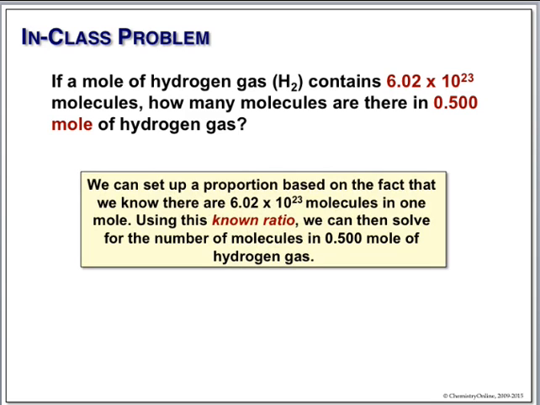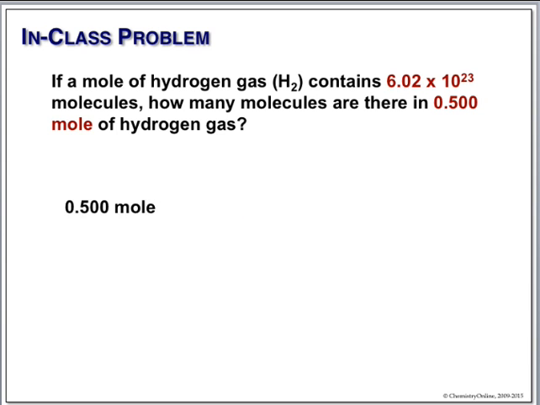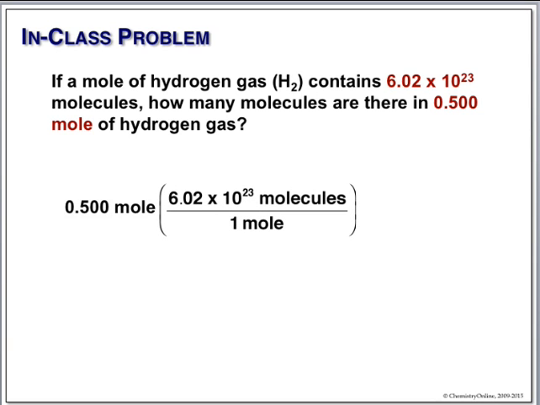So we can set that up as our ratio. Again, here's our given. Our ratio. We need to set this up so that mole is in our denominator, right? That's how we do it. 6.02 times 10 to the 23rd molecules in a mole.